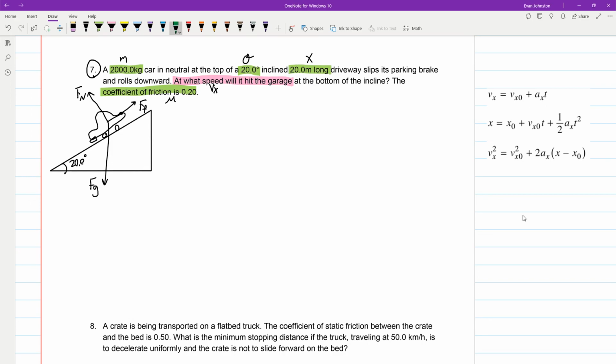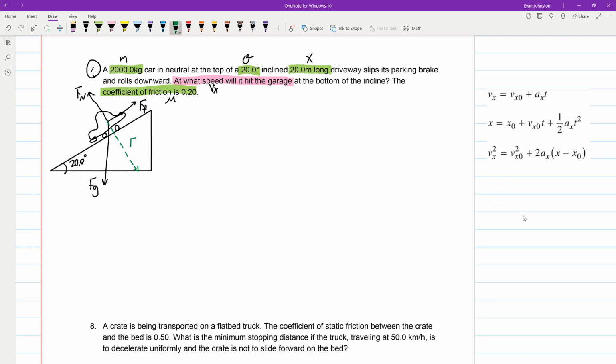Then aside from that, we gotta break gravity down into a part of gravity that's going parallel with the slant, in this same parallel direction right here, and then a part of gravity that's going perpendicular, at a 90-degree angle to our plane. So here is my force parallel component.